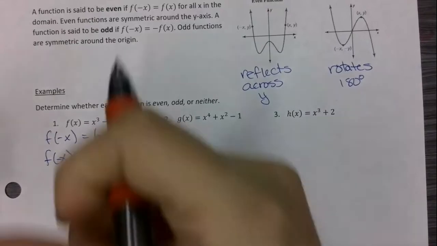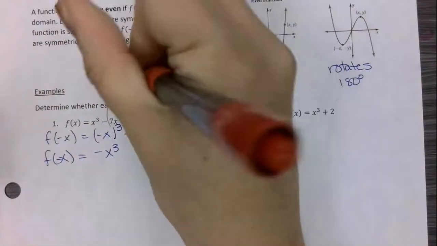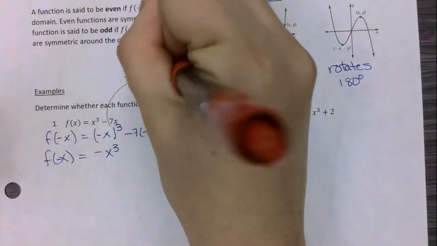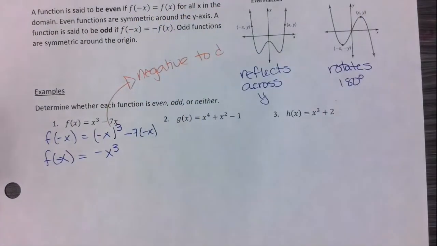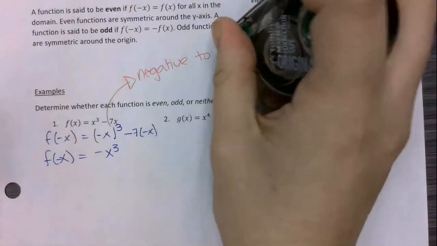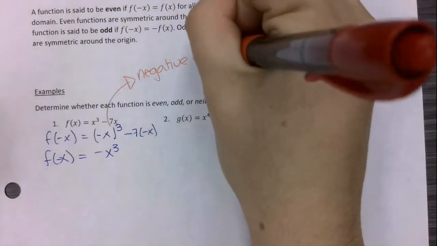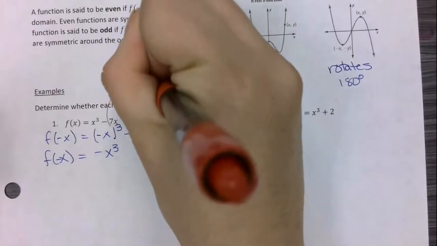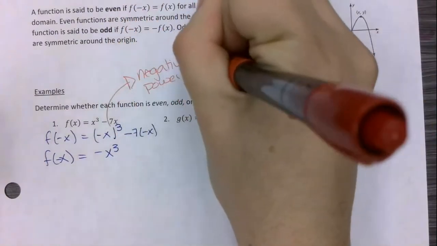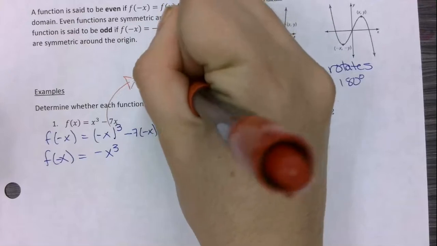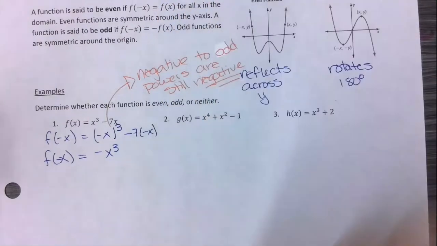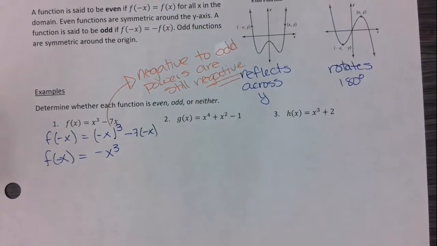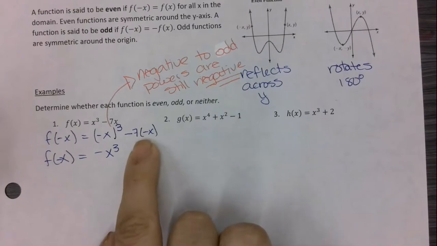So I want to say negative numbers to odd powers are still negative. And then what do I do with negative 7 times negative x?